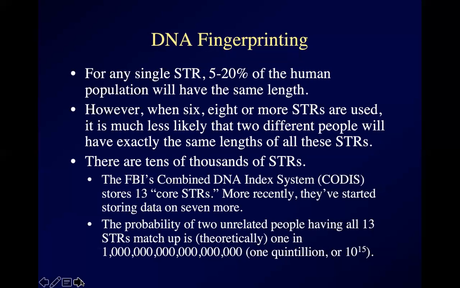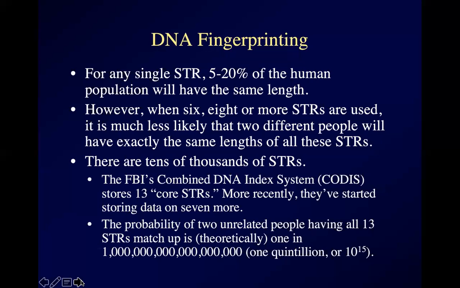And the probability of 2 people who are not related to each other just happening by chance to have all 13 STRs match up is 1 in a quintillion. A quintillion is a 1 with 15 zeros after it. It's a very big number.